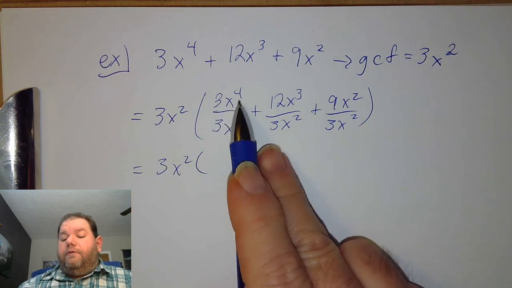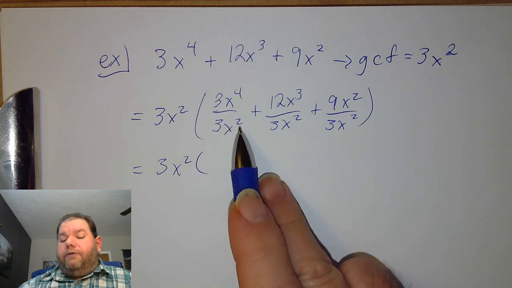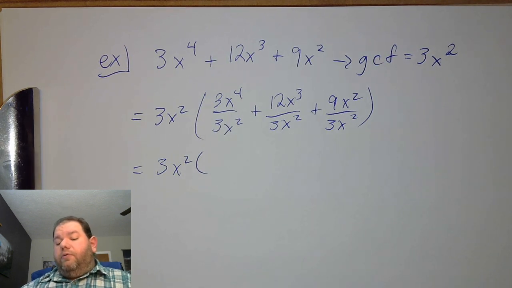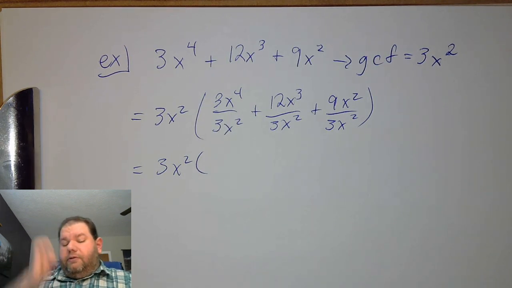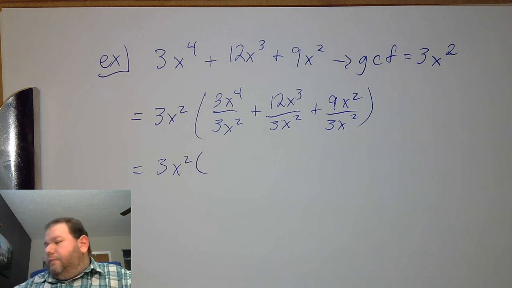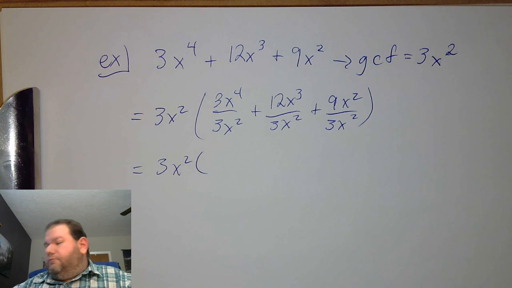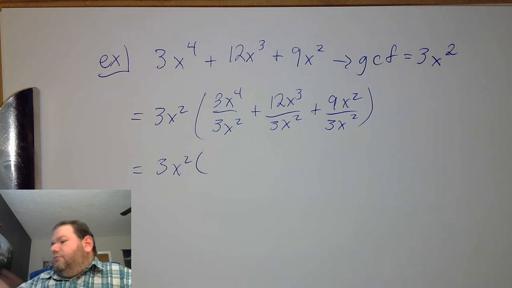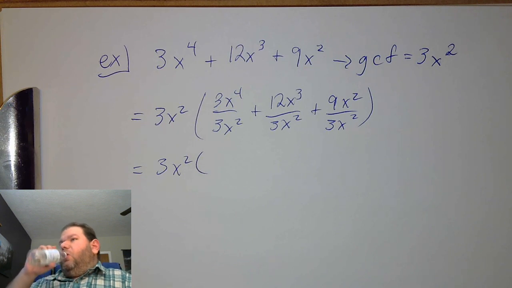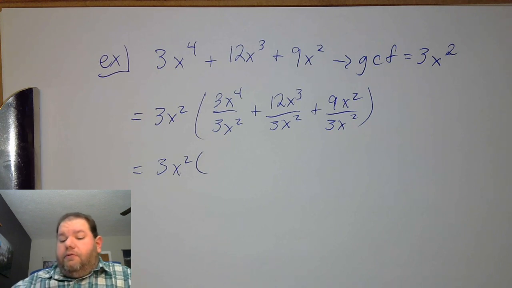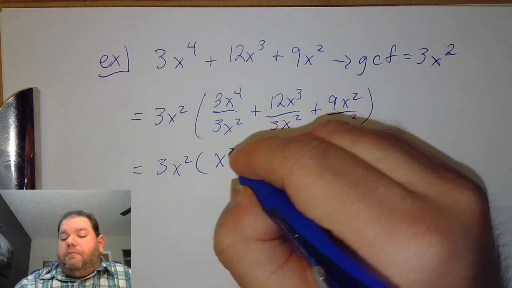So with 3x to the fourth divided by 3x squared, what is that going to leave us when we divide those? X to the 2, good, x squared.